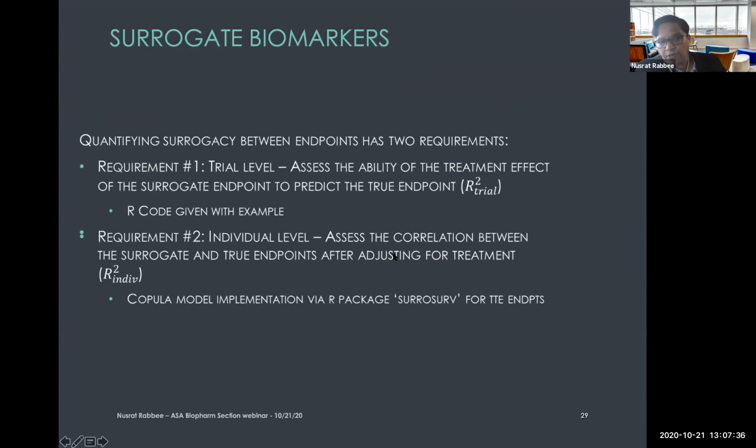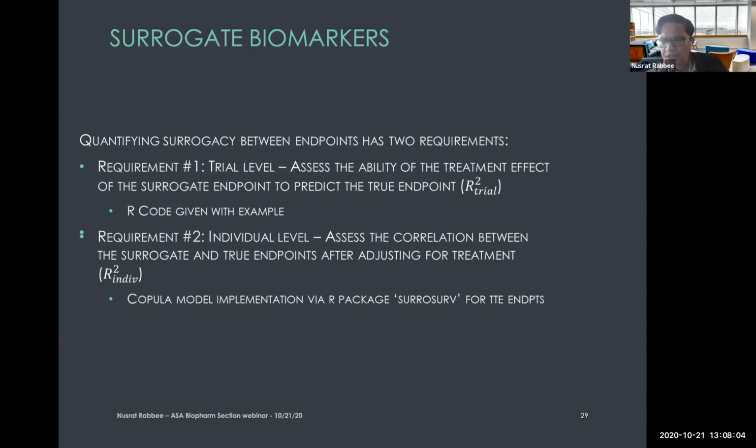In the meta-analytic regression, you can show here R squared of trial equals 1, for example. It's never 1, right? You have different trials, with the x-axis being, for example, log of PFS, and the y-axis log of OS.